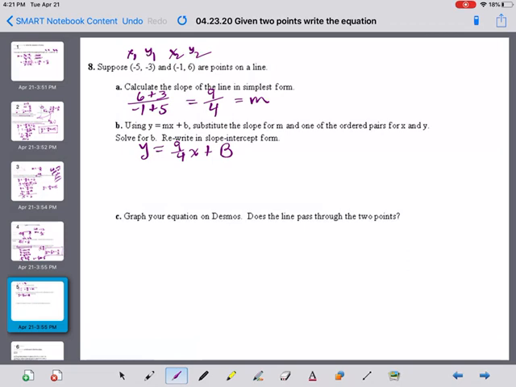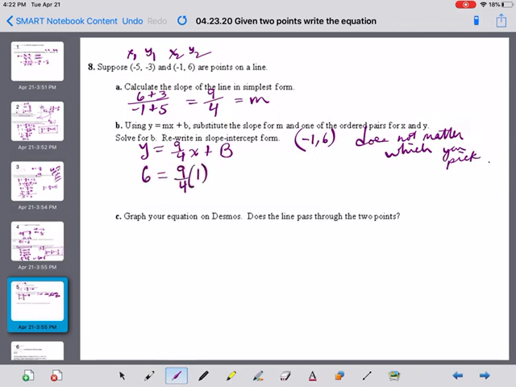Now, plug in either of the ordered pairs. Doesn't matter, I'm going to pick the negative 1, 6. Again, it does not matter which. So y is 6, x is -1.